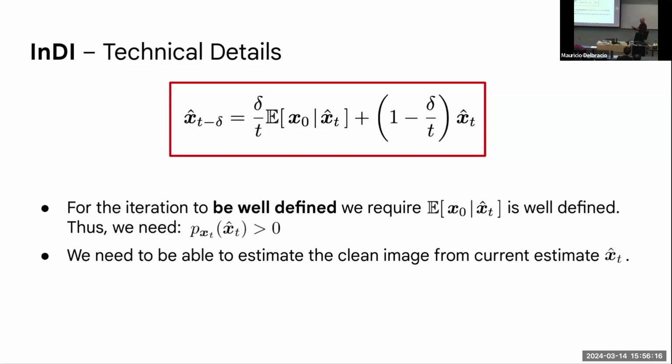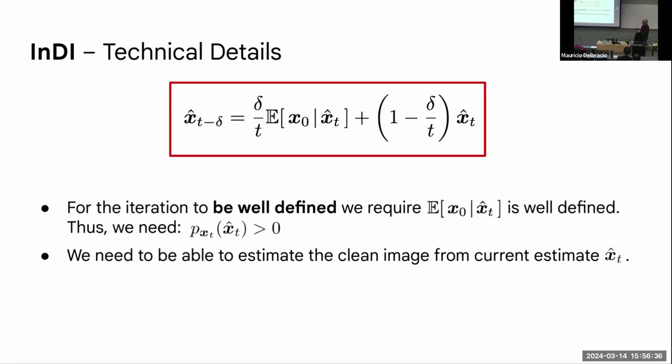If not, it means that we arrive at a place where we don't have enough signal to know how to estimate the clean image. This may seem like a technicality, but it's not. It's actually important in some applications, as I will show.